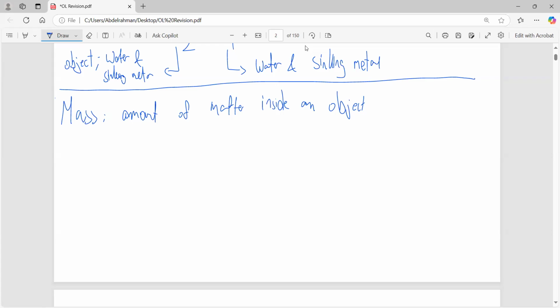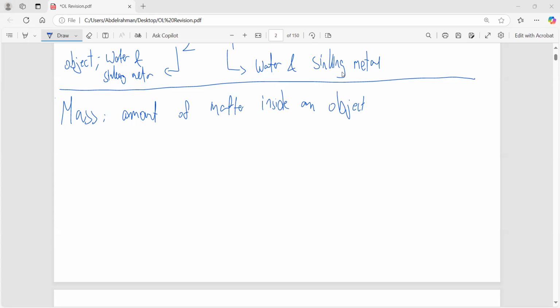It's the tendency of an object to resist motion. And mass is completely different from weight. What does tendency mean? Tendency is the urge to do something. It wants to resist motion.